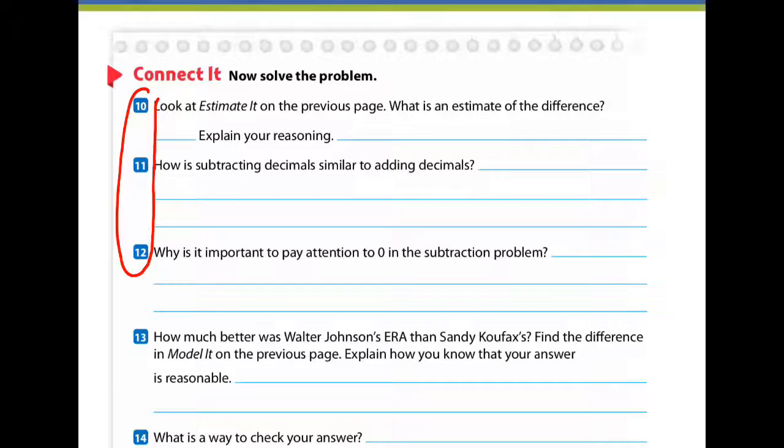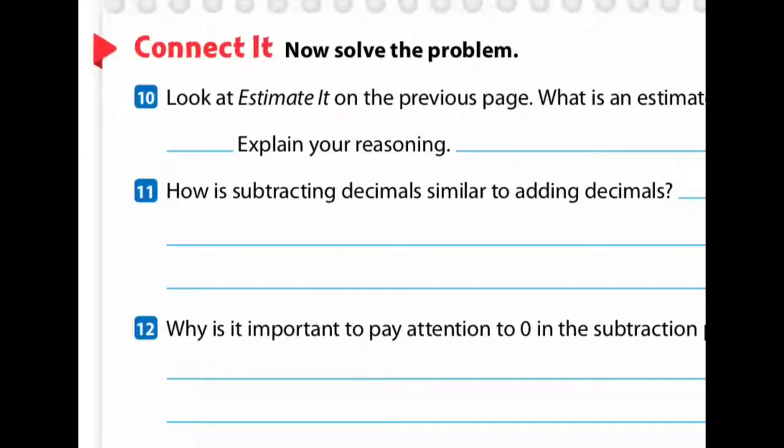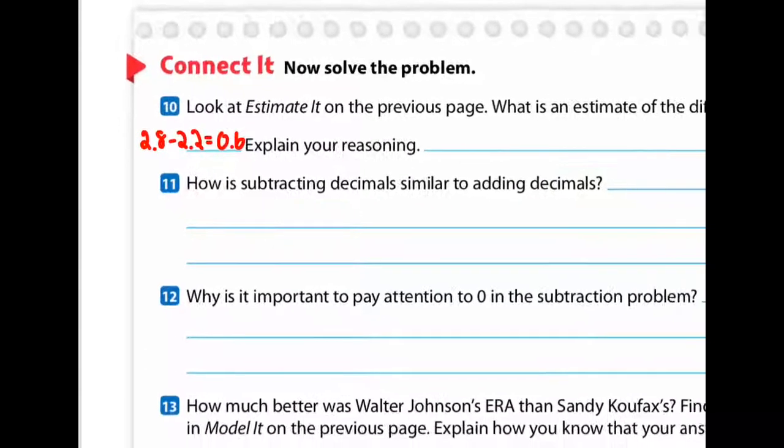All right, let's see how you did. So in number 10, it says, look at estimate on the previous page. What is an estimate of the difference? Now remember, on the previous page, our estimate up here was 2.8 minus 2.2. So if you were doing 2.8 minus 2.2, your estimate would be 0.6. Okay, explain your reasoning.